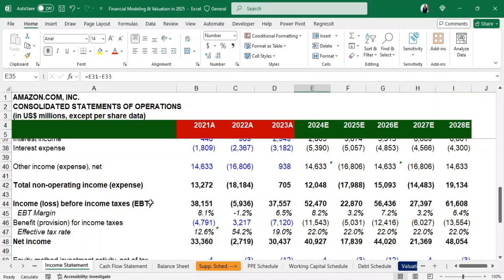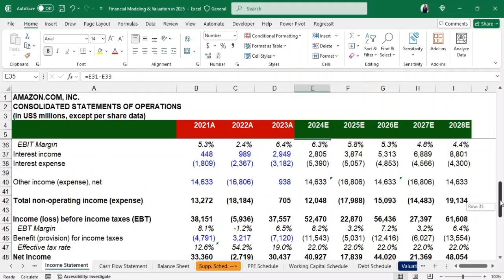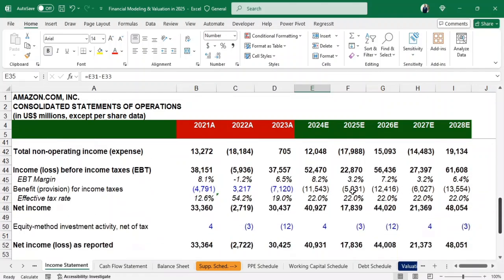As you can see, before we got our EBT, we had already adjusted for our interest expenses and interest income. So we need to just grab the income tax rate and apply it on our EBIT and not our EBT. Never make the mistake of picking the income tax amount from the income statement. Our income tax rate here is 22%.